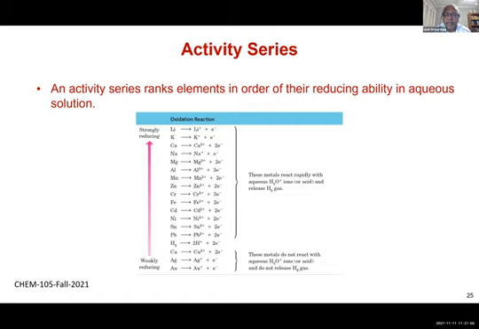Metals below hydrogen are not active. These metals do not react with strong acids. So metal reactions with strong acids indicate the reactivity of certain metals in replacing hydrogen ion from strong acids. So they are related to redox reactions.